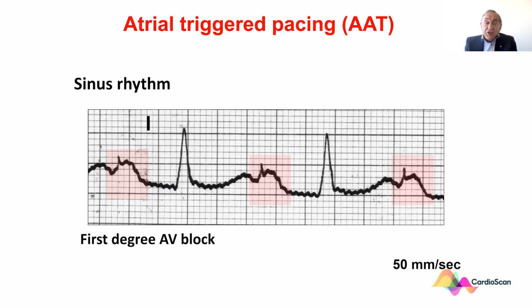Atrial triggered pacing is shown, and this is a very rare ECG because we don't usually use this, but one can envisage a situation where the patient is pacemaker dependent on atrial pacing, and there's inappropriate sensing, and as a result of that, you programmed AAT. One can see the P wave, and toward the top of the P wave, one can see the small spike where the full output is placed into the P wave.